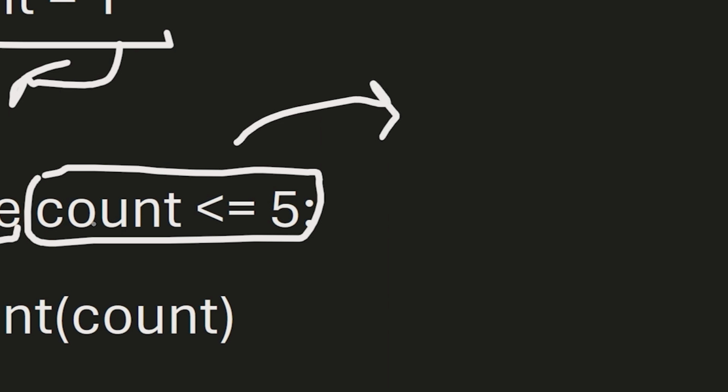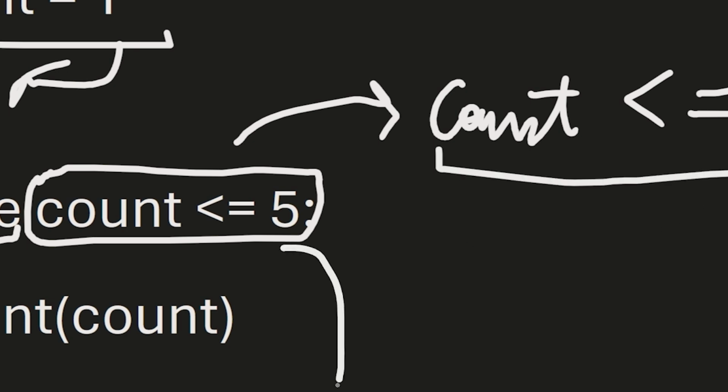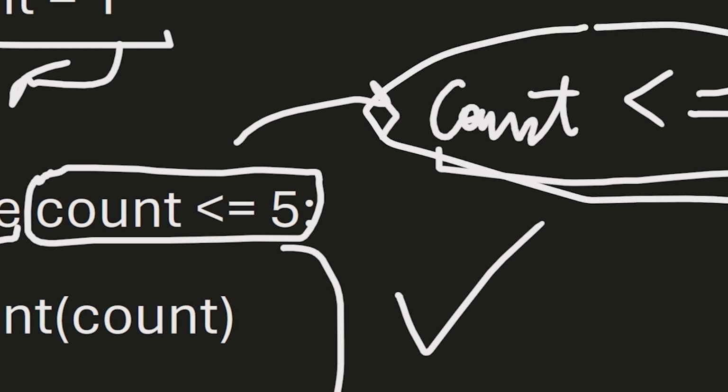Here it is given count less than or equal to 5. This is the condition. So until the count is less than or equal to 5, this block will execute. Whenever this condition becomes false, the control will move out of this block and moves ahead.